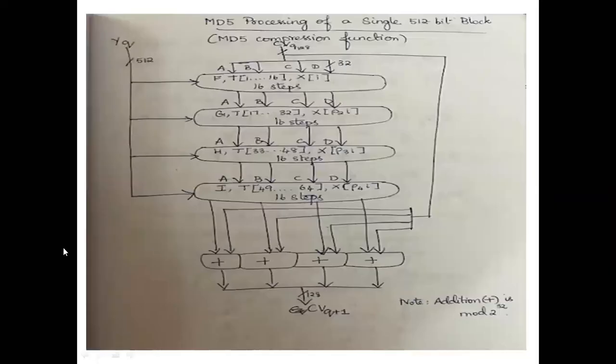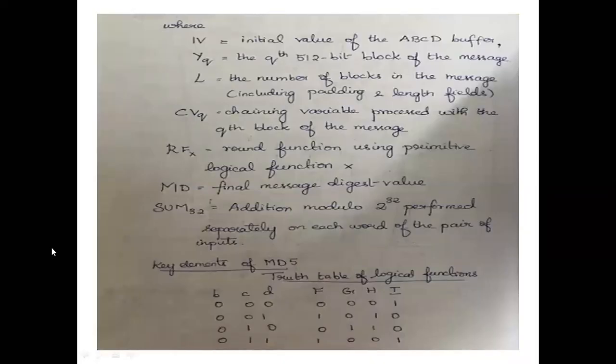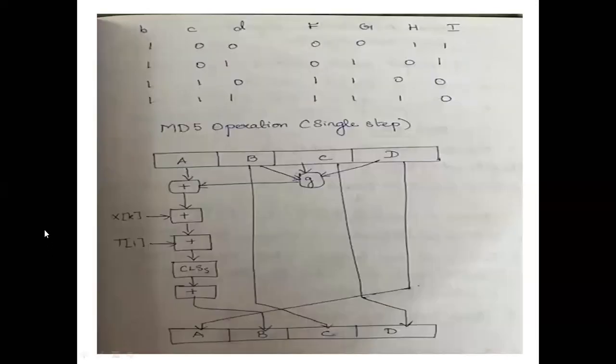So again, the same thing, only they are explaining. We have already seen about it. So this is the explanation for each and every value. And a truth table is also given for the logical functions. Okay, so the single step process, what we saw as the equation, is explained in diagrammatic form here.